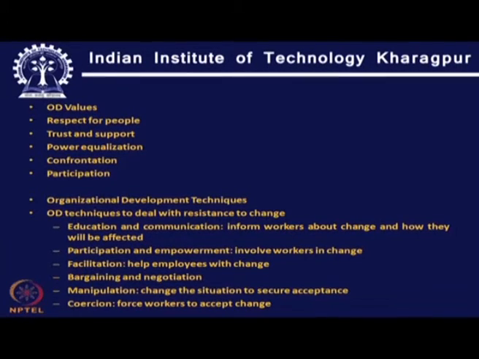It means we have to accept that everybody is powerful in the organization and on an equal power platform, and then we have to confront the problem at hand, and everybody has to participate in the decision making process.